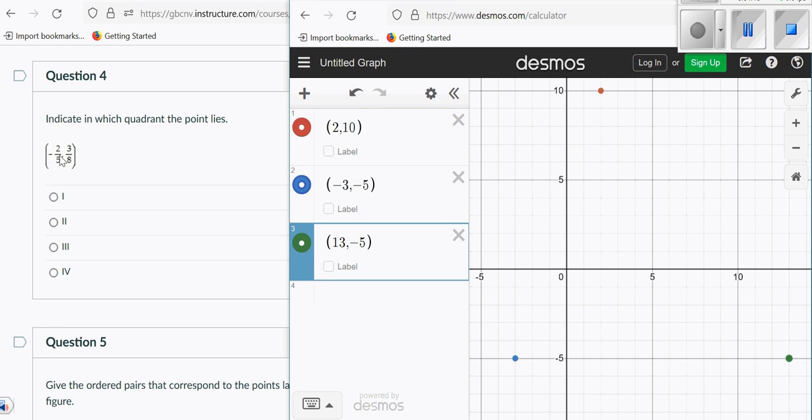Question 4, x is negative. So this is from the origin to the negative side, so that will be on the left-hand side. And then y is 3/8, so that's on the top part.